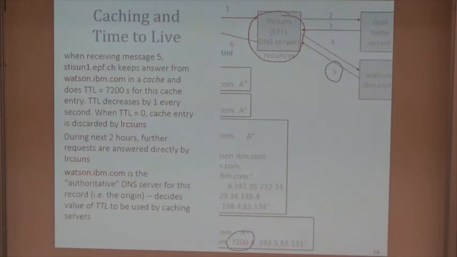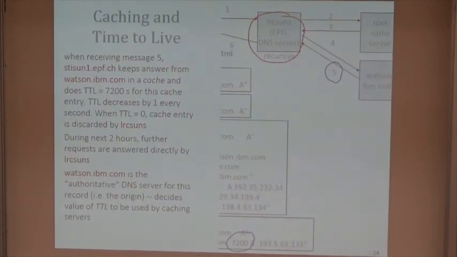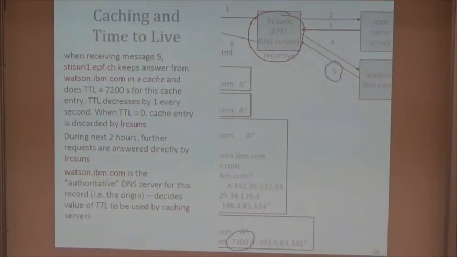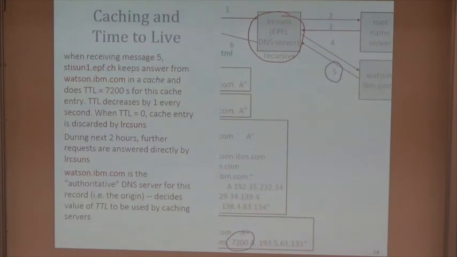And the answer is the DNS servers that control that. So when a DNS server sends you an answer, it will tell you how long you should keep it. EPFL, for example, has a TTL of 1 day. So whenever somebody asks, it will be kept in a cache for 1 day. Google has a time to live of a few seconds.